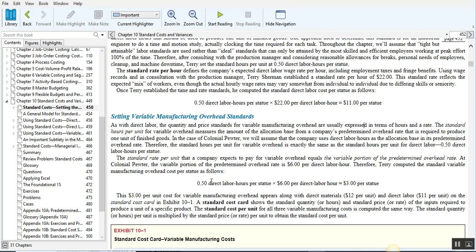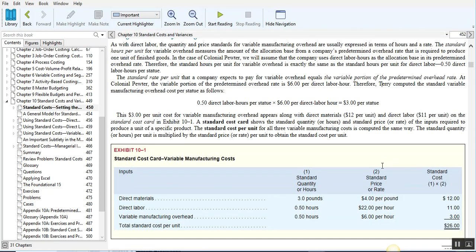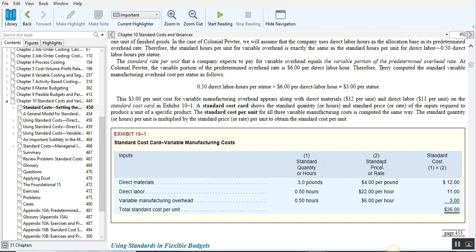So now what we know is, based on the standard hours per statue, we're going to multiply that by the predetermined overhead rate of $6 per direct labor hour to get a $3 per statue variable overhead rate. So that cost then will be added into the other costs.